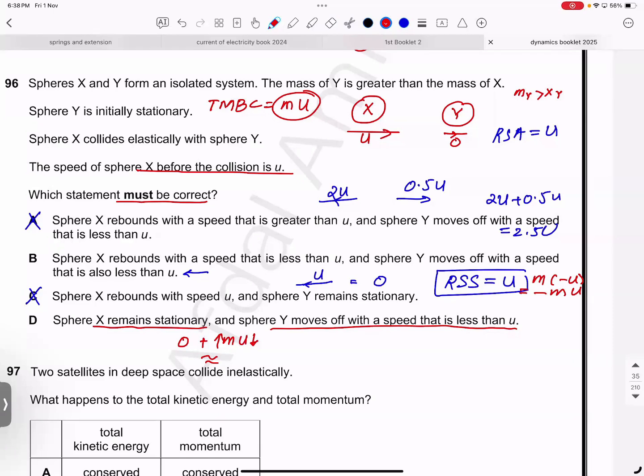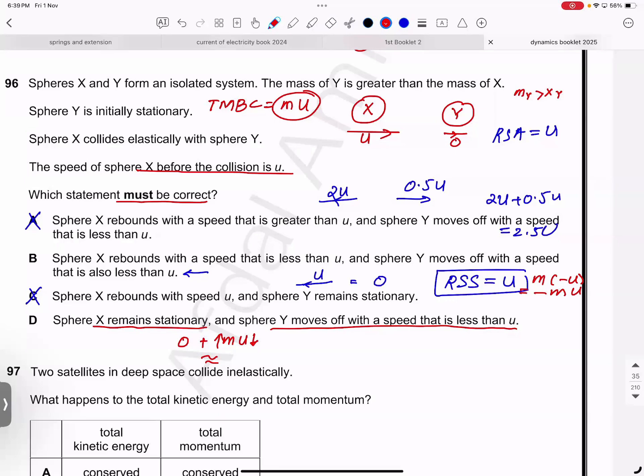It is not possible that the light object hits the heavy object and both start moving in the same direction if it is stationary, because mass was more. So the concept I gave you: if a light particle collides with a heavier particle at rest, the light has to rebound. Light has to.